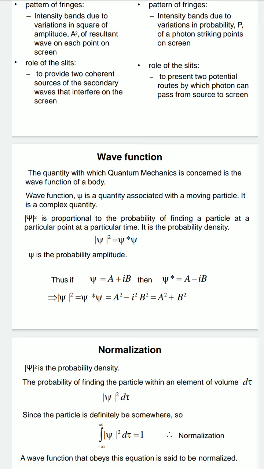If you have a particular system, for example a light beam coming out of a slit, we represent that light beam with a wave function. A wave function is just a mathematical function which represents the full properties of the wave coming out of the slit.